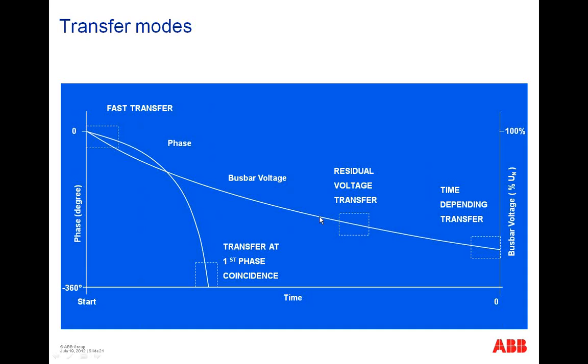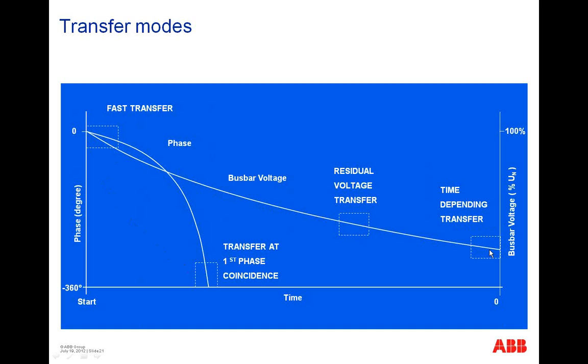On very big machines, on fans, they run 2, 3, 4 seconds, and then with big machines this line will go like so. With small machines, you can imagine they run very fast, but they also decline very fast, and then this line will go in this way. So the speed is declining, and also the busbar voltage is declining at this moment.